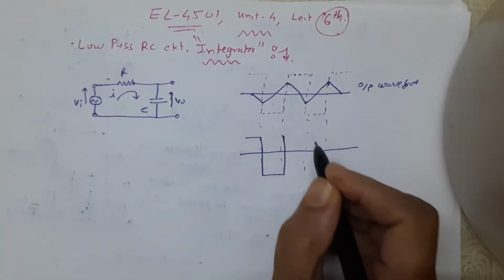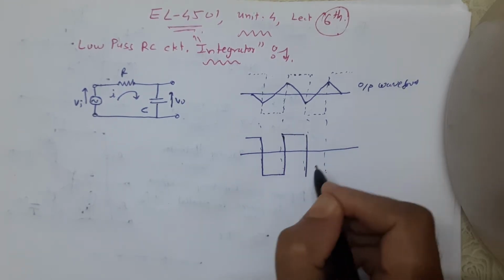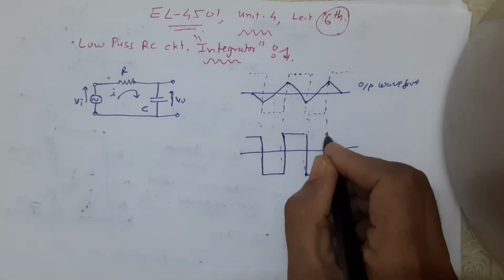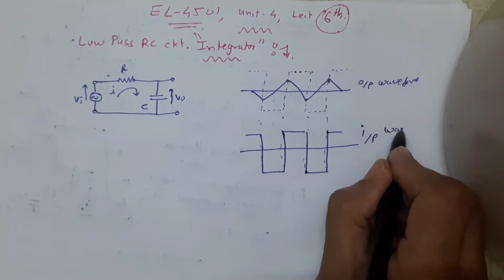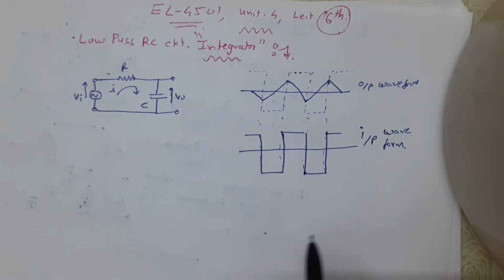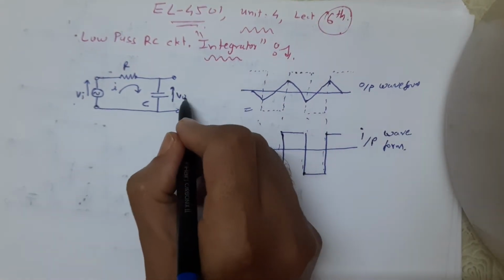This is your square wave given to the input of the circuit. So this is your input we are applying here. This is your output we are getting here.